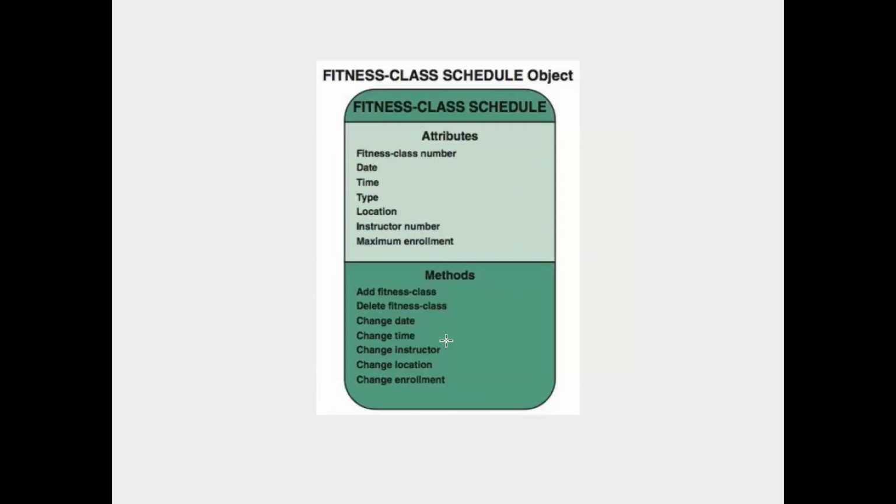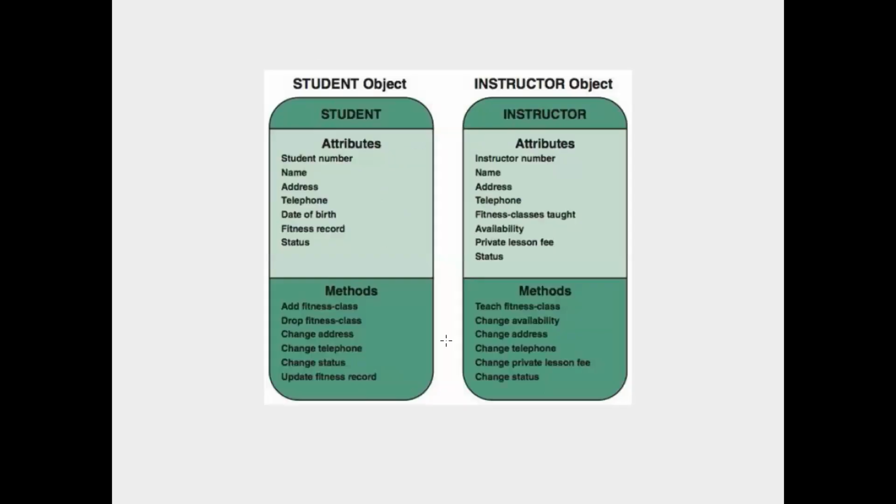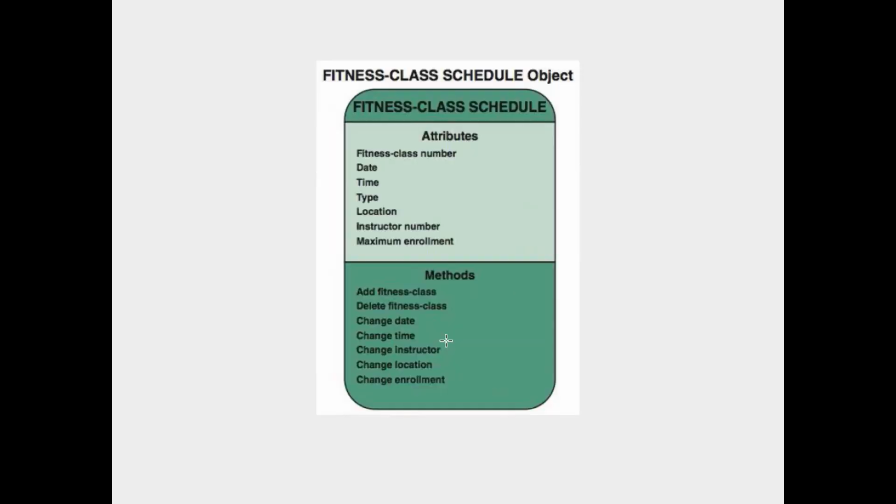And then when you take fitness class schedule, this is about a fitness class where the student is attending the fitness class and the instructor is there. And then there will be a fitness schedule. So in fitness class schedule, you can see there are attributes like fitness class number, the date, time, type, location, and then there are a set of methods: adding to the class, right?